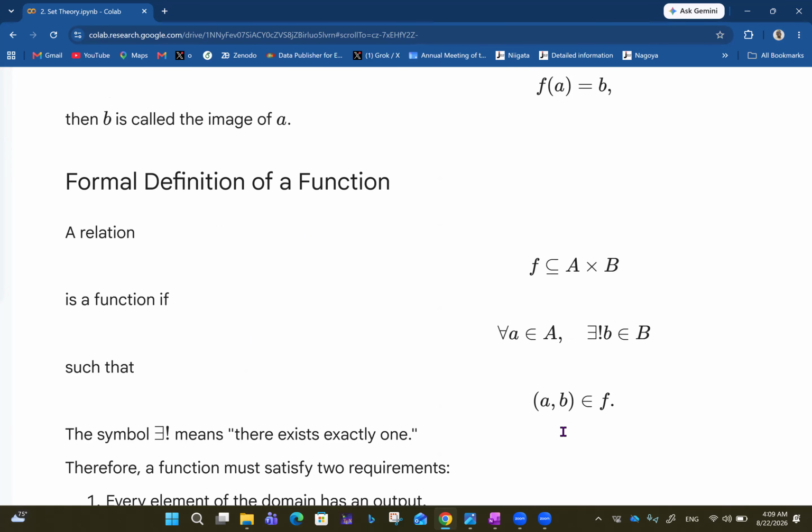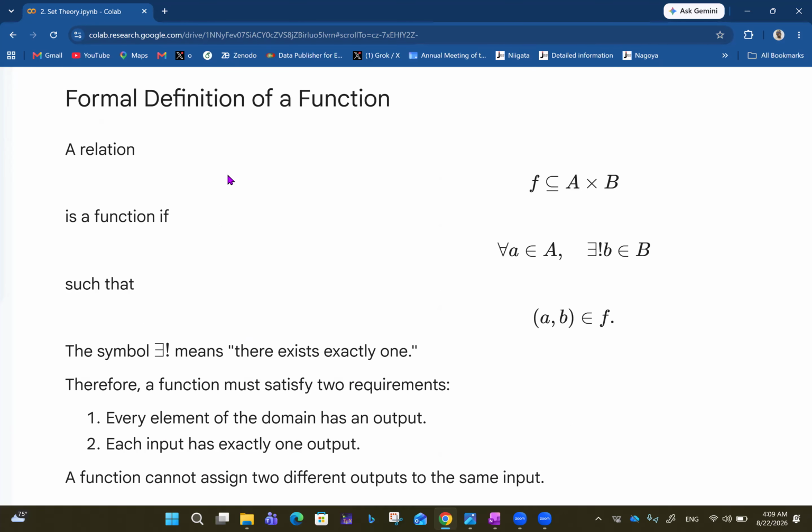So formal definition of a function then. Of course we know how we define functions in algebra and all that.